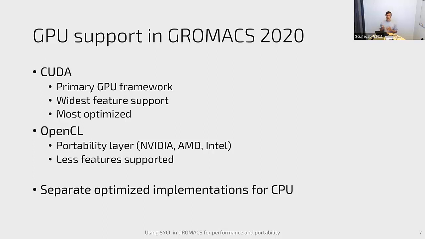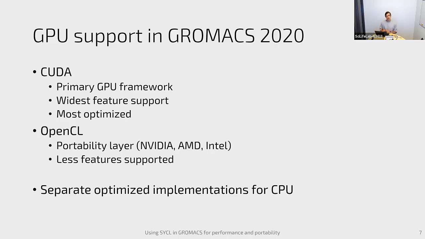The framework was most mature, had most features in it. And yes, that was really the most relevant target, and at the time, the best way to allocate our resources.